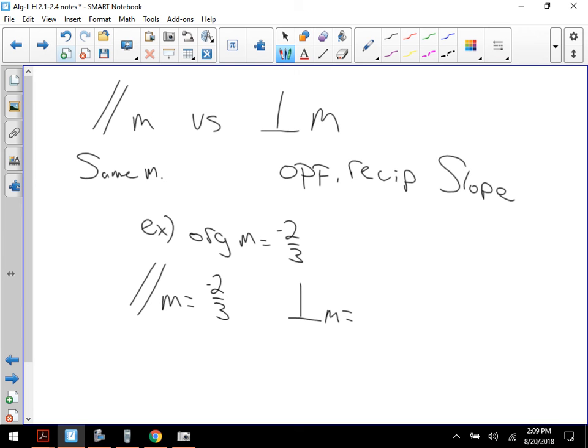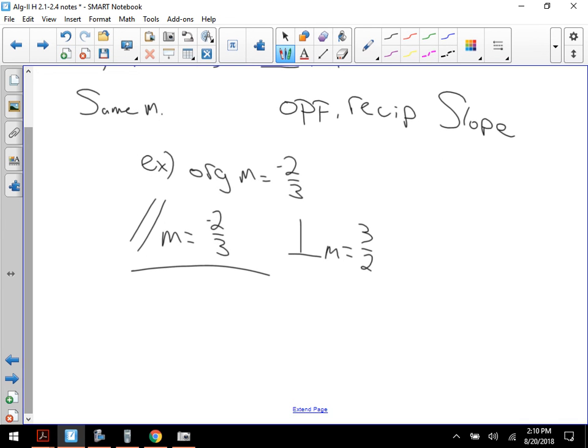Positive 3/2, good. All right. If your original slope is 0, what's parallel to a 0 slope? Okay. What's perpendicular to a 0 slope?